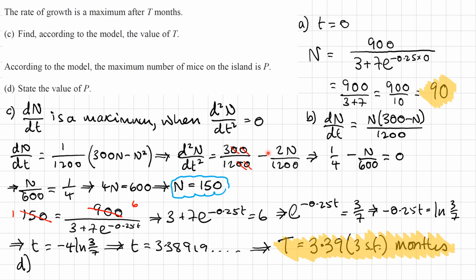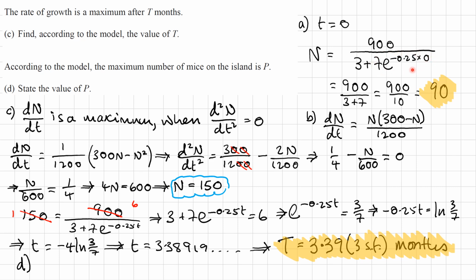Now we can look at our value for n and just see what happens after a long period of time. Now in the original model there's t here, so as t tends to a large number, then this e part is going to tend to 0. It's going to get smaller and smaller and smaller, which means that this whole bit here, the 7e to the negative 0.25t, we can ignore.